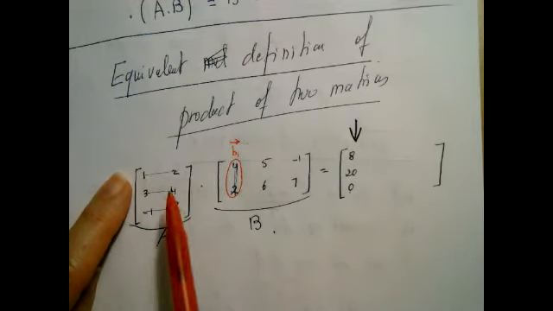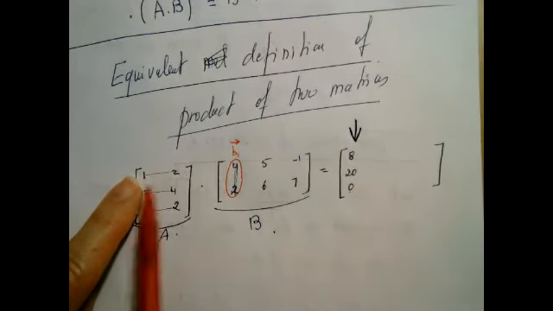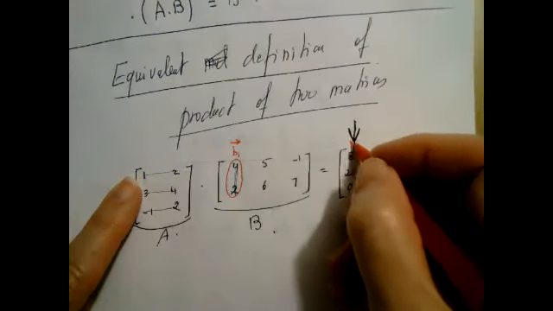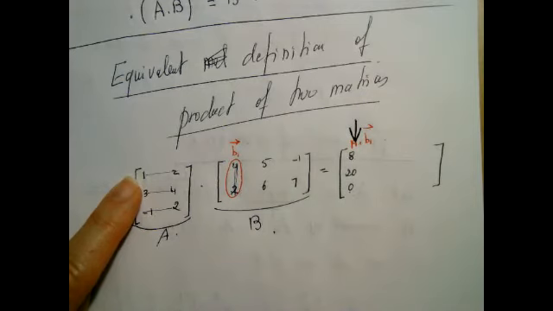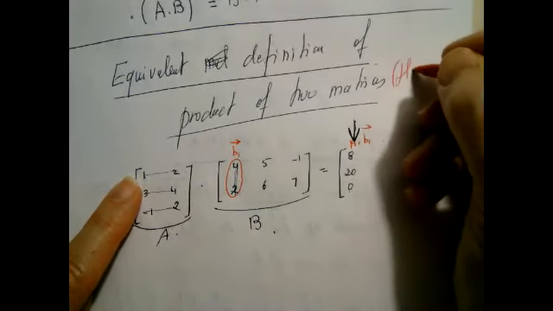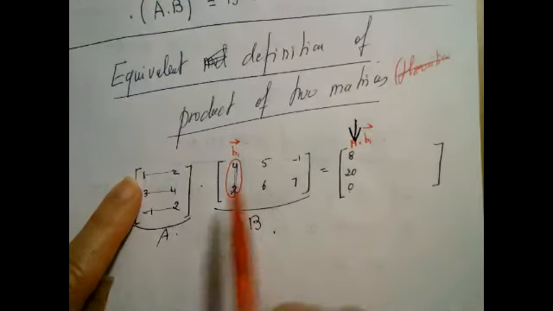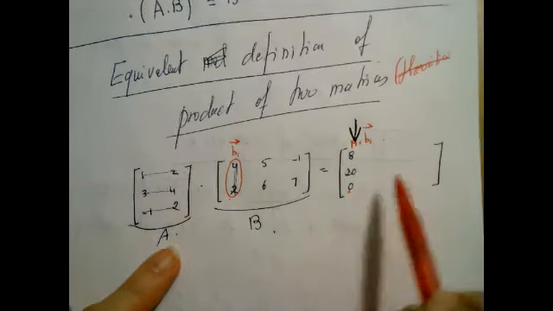The second, the more computational, is row column. So what I'm getting here is basically taking the matrix A and multiplying it by the vector B1. That's the theoretical definition. So it's A times the vector B1. That's what I'm getting here.